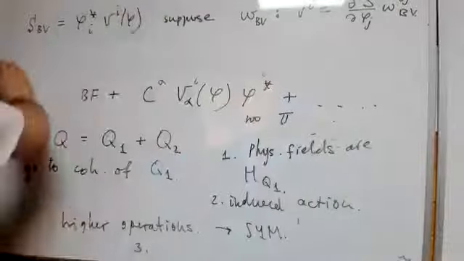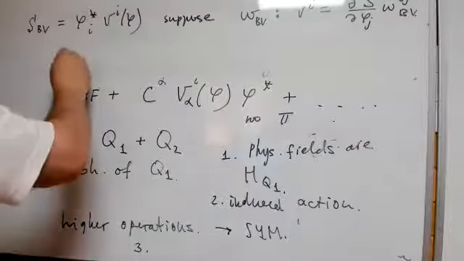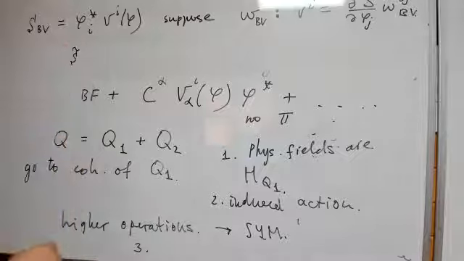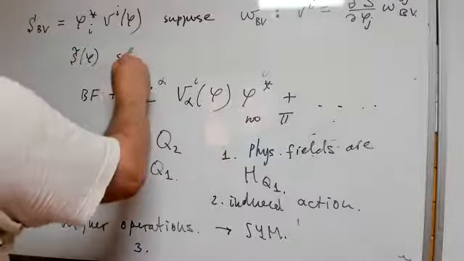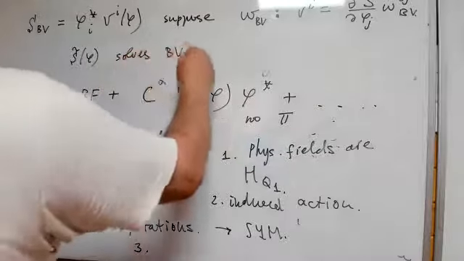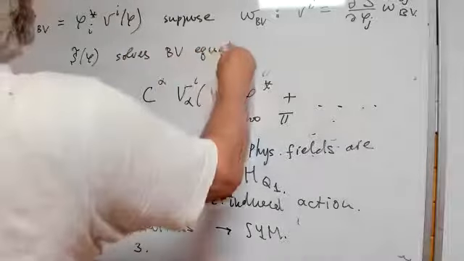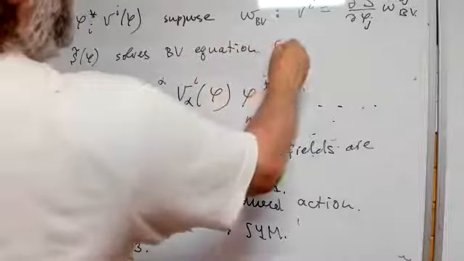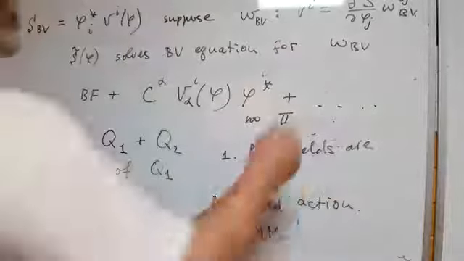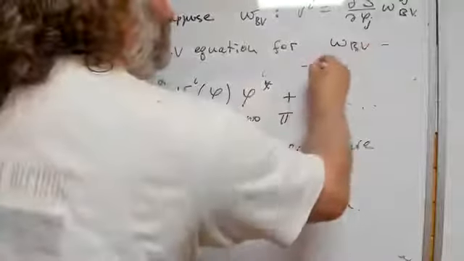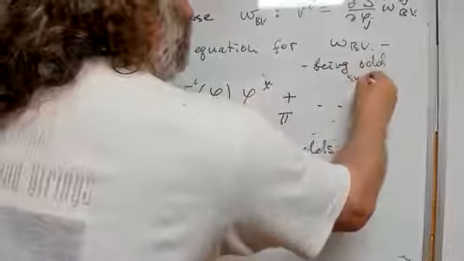Then one can show that S tilde of phi solves the UV equation for BV form, or symplectic.